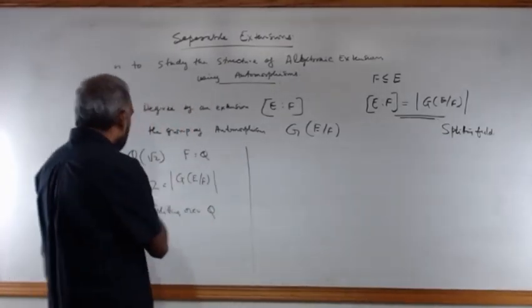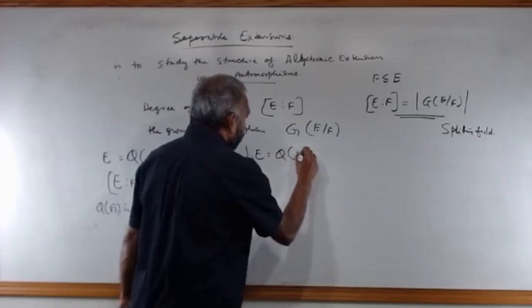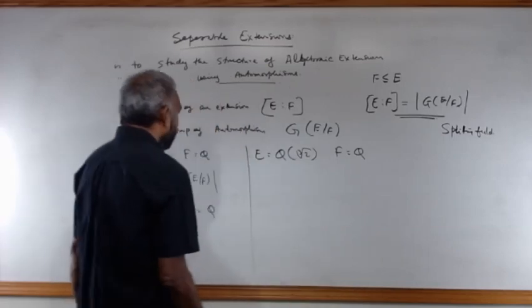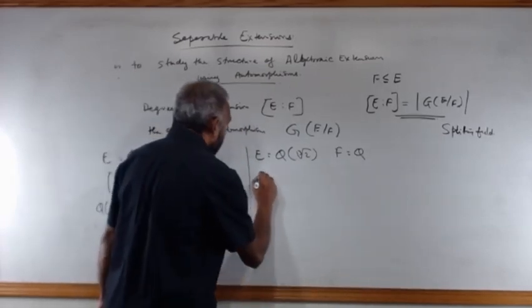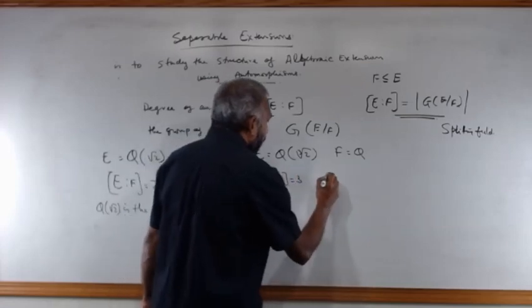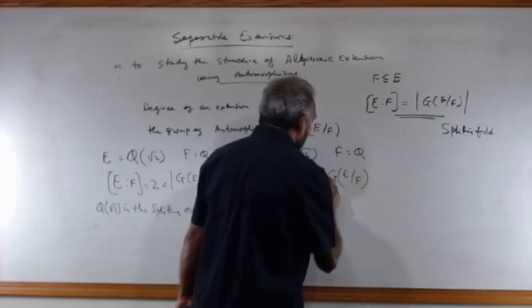And we have a counterexample to this. If you say E equals Q(cube root of 2) and F is equal to Q, then [E:F] is equal to 3, whereas the group has only one automorphism.